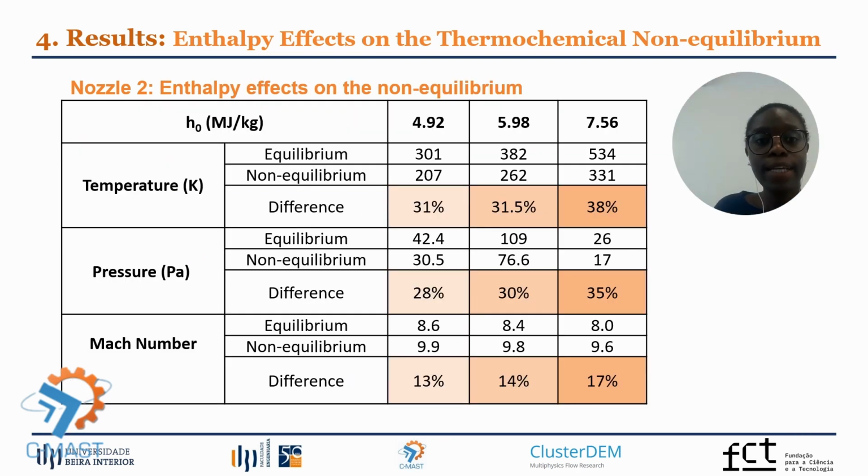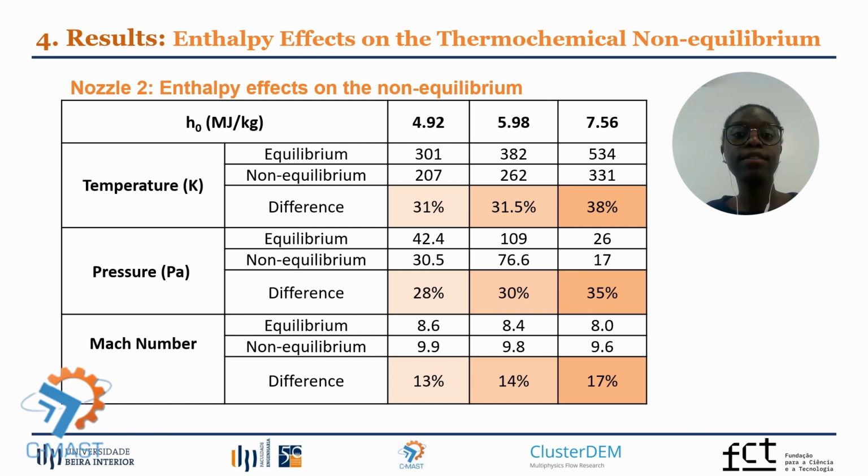In this table, we can see the flow properties at the exit of the nozzle 2, the nozzle with the higher expansion ratio, for equilibrium and non-equilibrium conditions and the difference between them. It is possible to observe that for all the properties, the non-equilibrium degree increases with the increase of stagnation enthalpy. For example, for the pressure, the difference between equilibrium and non-equilibrium is of 28% for a stagnation enthalpy of around 5 megajoule per kilogram.